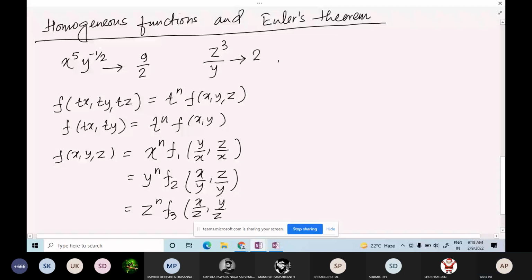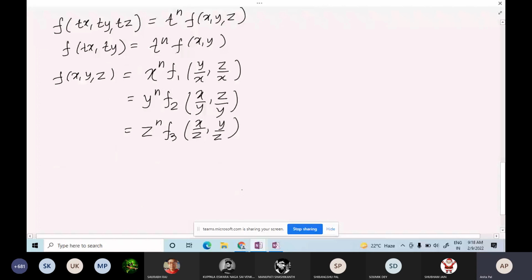So there are different ways of expressing a homogeneous function. Here n is the degree of the homogeneous function. F1, f2, f3 are functions depending on f.